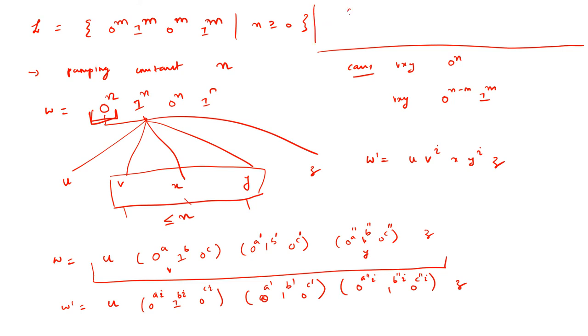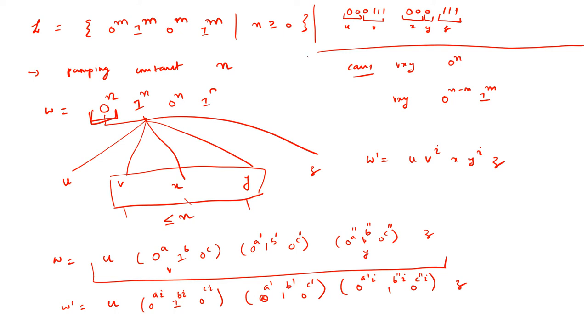Yeah, so let's take an example. Let's say 0 0 0 1 1 1 0 0 0 1 1 1. Now you tell me some partition that will fit into this construct. So for the sake of argument, this is u, this is v, this is x, this is y, and this is z.